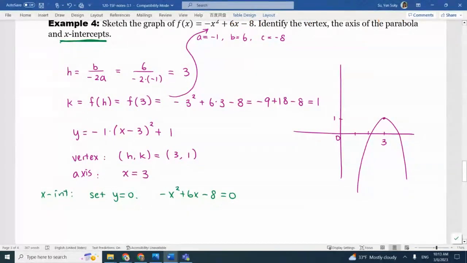I don't like the coefficient of x squared being negative. So let's multiply by negative 1 on both sides. Yes, everybody? So we have x squared, then what? Plus or minus? Yeah, minus 6x, and then plus 8 equal to 0. How do you factor it?